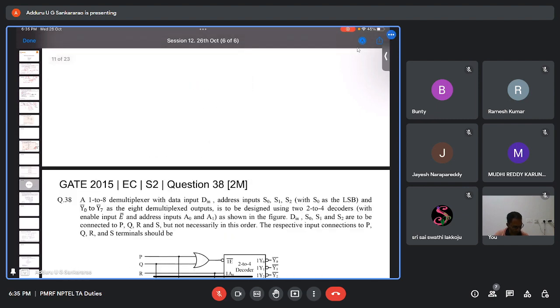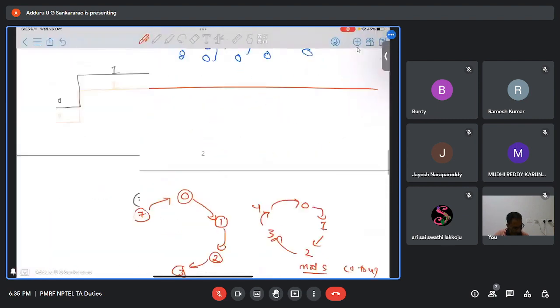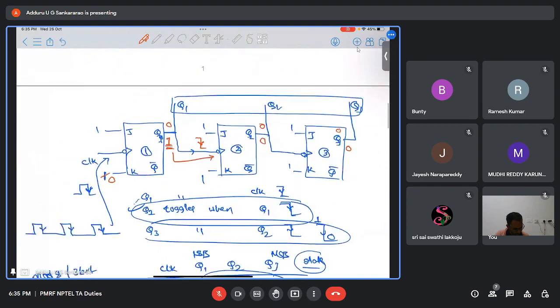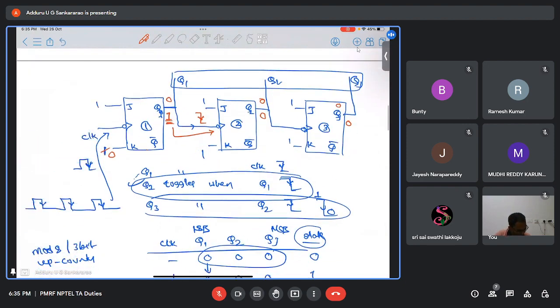You got it right? In the previous one, whenever I am connecting some combinational logic, for this combinational circuit I am giving Q1, Q2, Q3 as inputs.